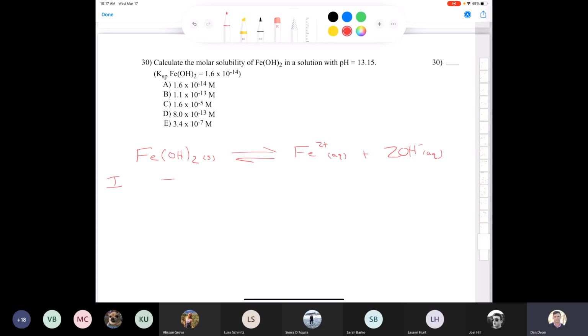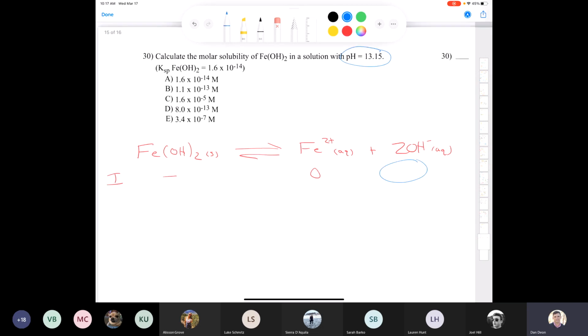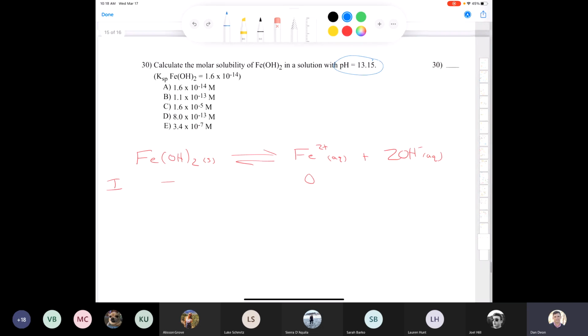Well, initially, we don't consider the concentration of a solid. We have none of this, but it's telling us that the pH is 13.5, which is basic, which suggests that we have some hydroxide in there, don't we? So we need to figure out what our initial concentration of hydroxide is. If the pH is equal to 13.15, that means the pOH is going to be equal to 14 minus 13.15, which is going to equal 0.85.